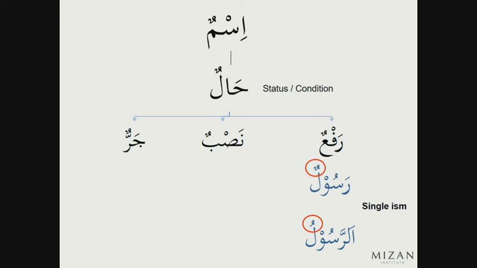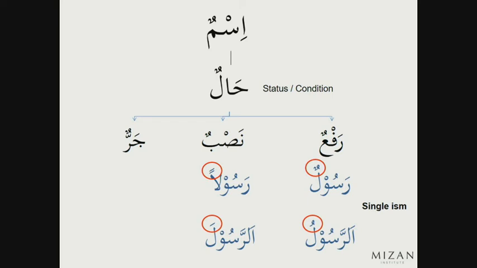Why? Because I said so. Don't ask me why, just because I said so. If it ends with a u or a un, what hal is it in? Raf'un. Next one. Rasulan, ar-rasulah. What does it end with there? An and 2 fathas, 1 fathah. If an ism ends with an or a, what hal is it in?